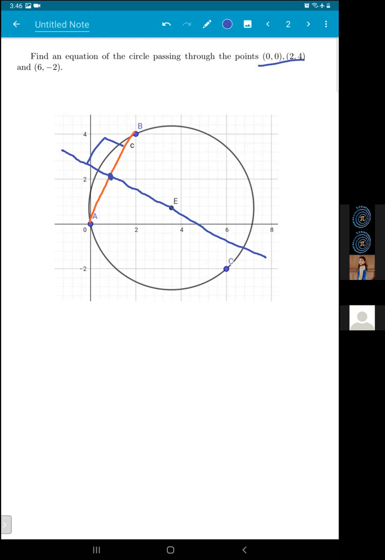And we can also get the midpoint using the midpoint formula. In other words, we can get the equation of the perpendicular rather easily. Now, that's not enough. What else do we need to do?